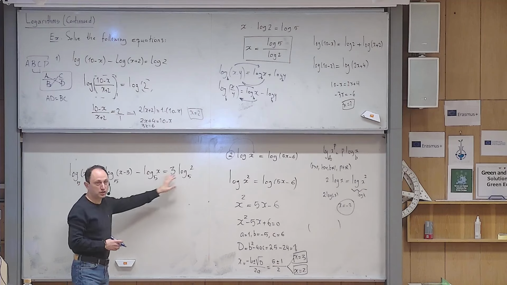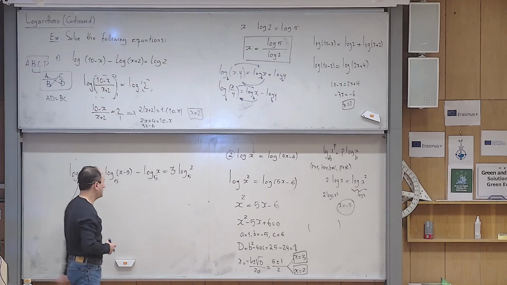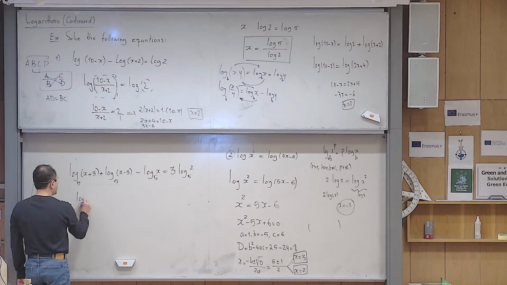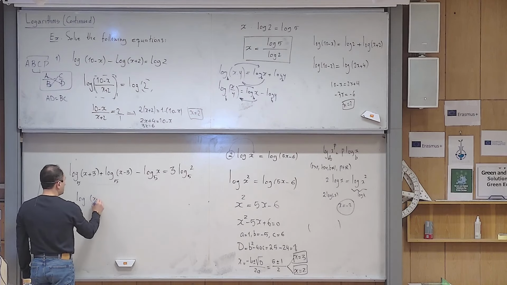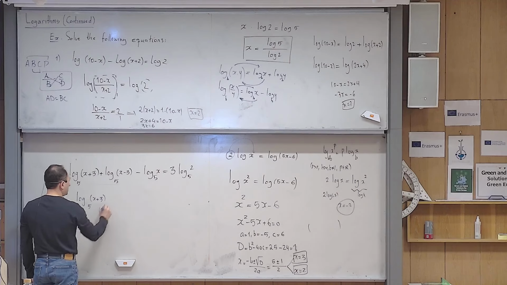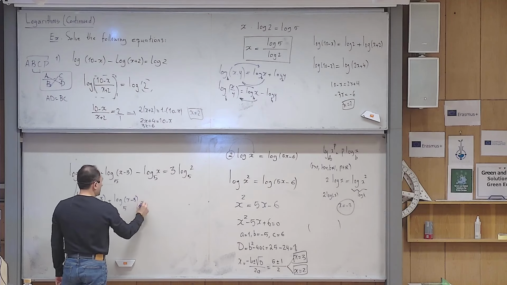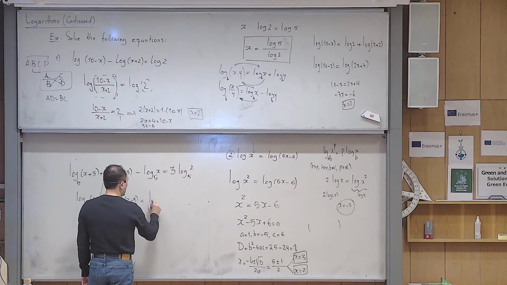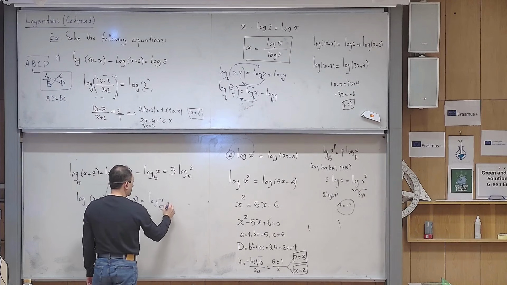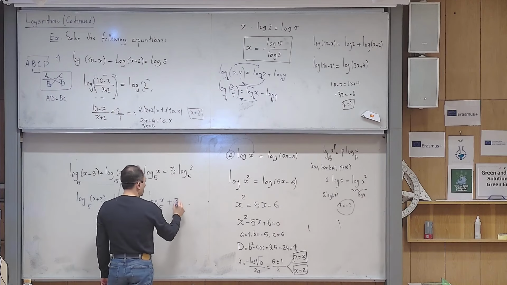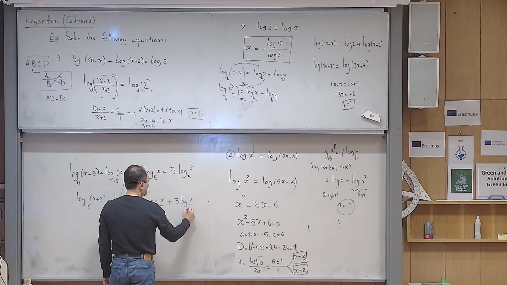When I move this to the other side, that also becomes positive. So let us do that. So what you are saying is that logarithm of x plus 3 base 5 plus logarithm of x minus 3 base 5. So you move this to the other side, it becomes logarithm of x to the base 5 and plus 3 logarithm of 2 to the base 5.